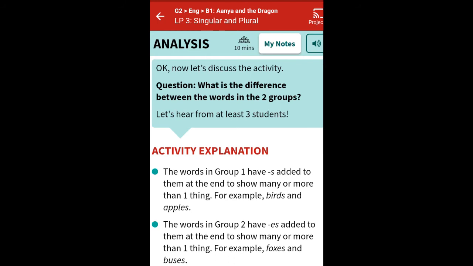For example, birds and apples. The words in group 2 have es added to them at the end to show many or more than one thing. For example, foxes and buses.